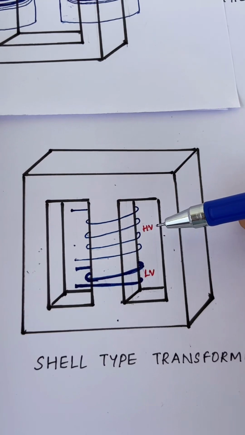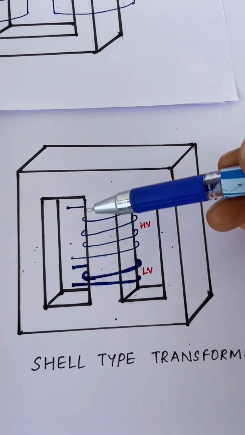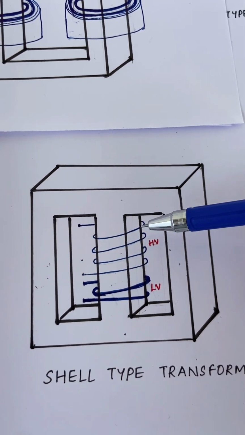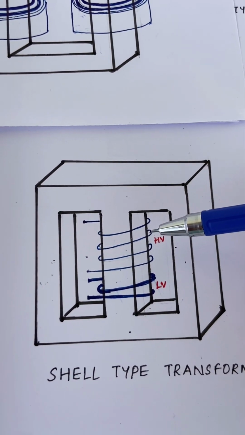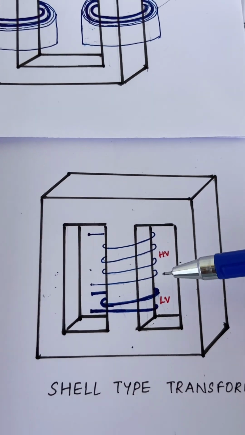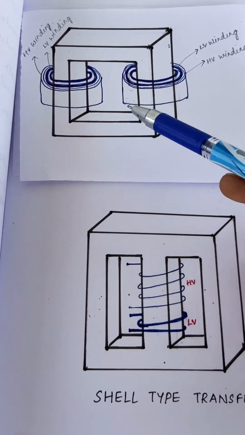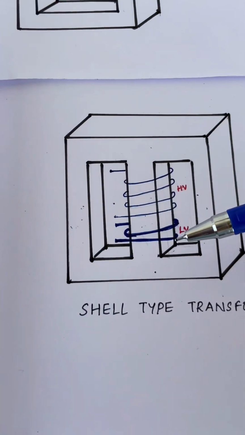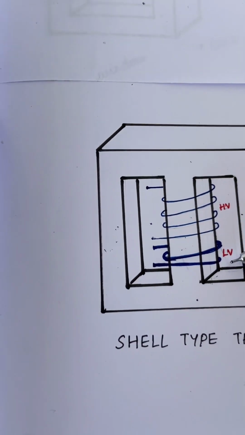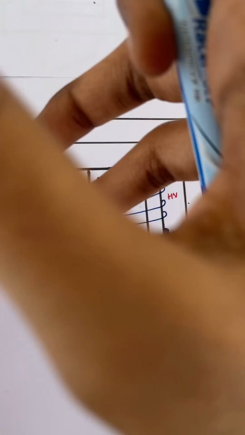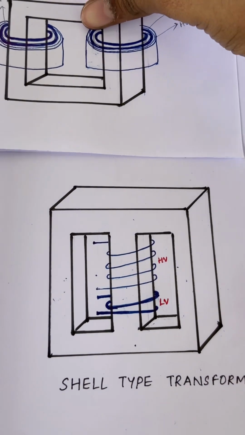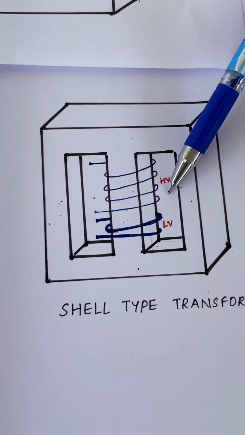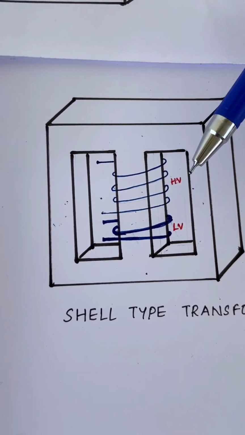But here we are directly winding the HV winding over the limb or over the core. Means we are directly winding on the core, not on the LV winding, so the requirement of the wire will be less compared to the core type transformer. So here the copper required will be more, here the copper required will be less. As the wire is made of copper, we say that the copper requirement, that is the wire requirement, will be more here for HV. Here the copper or the wire requirement will be less.